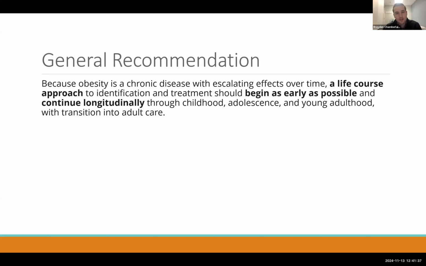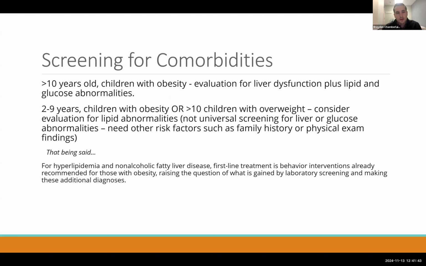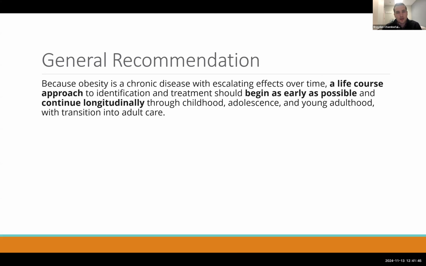You should continue longitudinally through childhood, adolescence, young adulthood, and in adult care. So that's the basis of where we're going with this new guideline, viewing obesity as a lifelong condition that should be managed as early as you can.